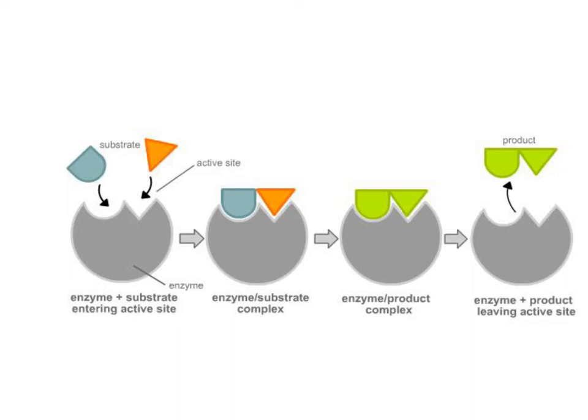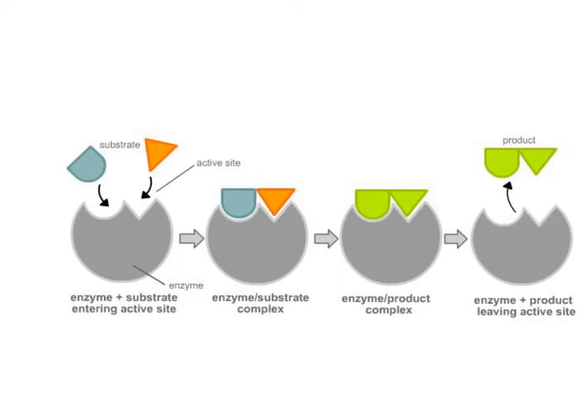Once the substrate binds to the enzyme, we call that the enzyme substrate complex that you see here. Usually we don't refer to it as an enzyme product complex, because we just refer to it as enzyme substrate, because it's going to do its magic. Then the product is released.